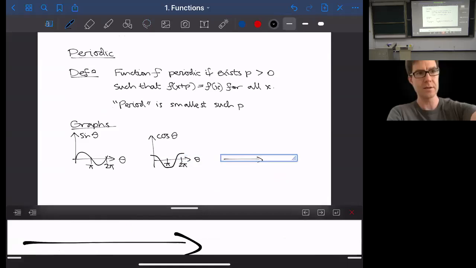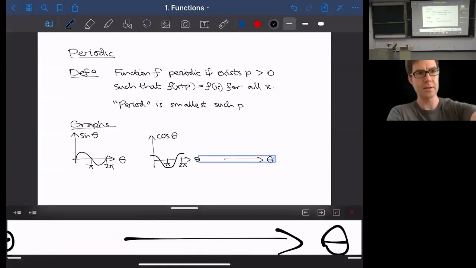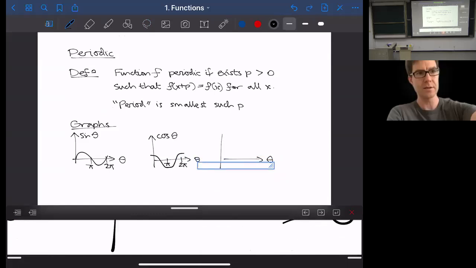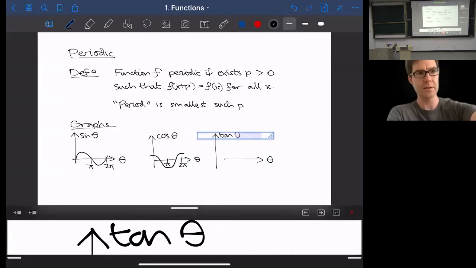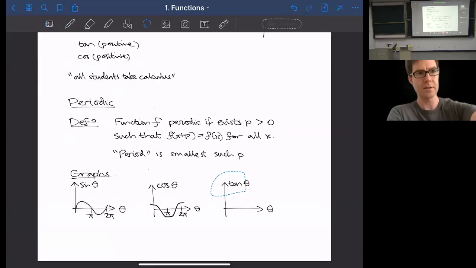And for tan, the graph looks like this. Okay.